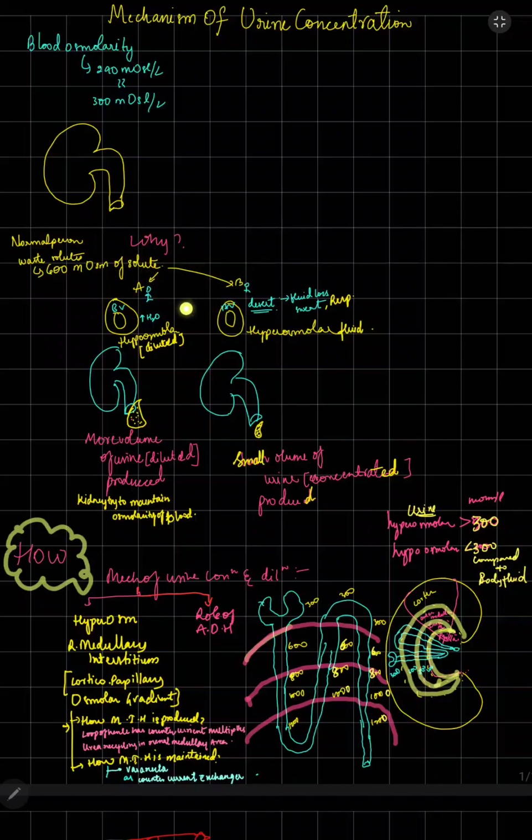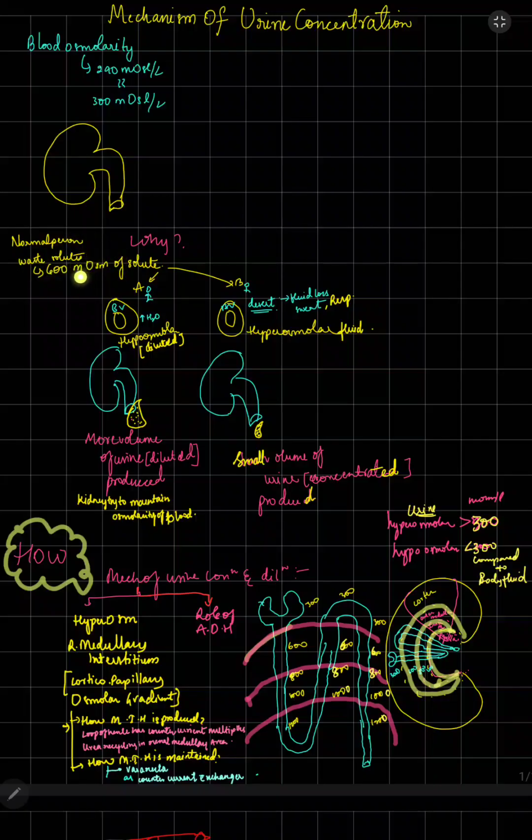Suppose there are two persons. If one drinks more water, then his body fluids get hypoosmolar. The body wants to maintain its osmolarity at a constant level, and if a person drinks more water, the fluid gets hypoosmolar, and the kidney excretes around 600 milliosmol of waste solute.